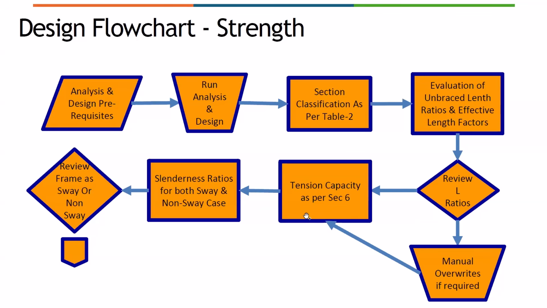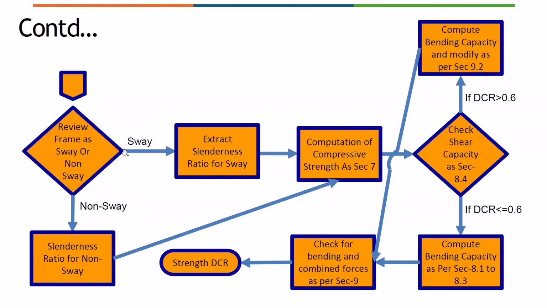After that, the program calculates the tension capacity as per section 6. It calculates the slenderness ratios for both the sway as well as the non-sway case. And then it reviews whether the frame is sway or non-sway as per clause 4.1.2.